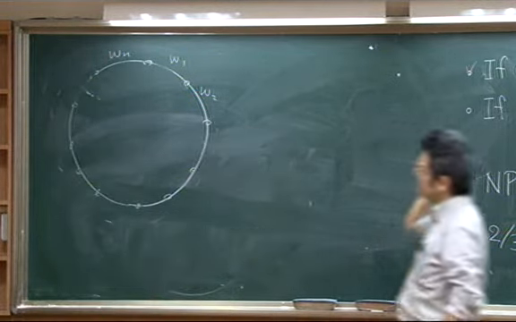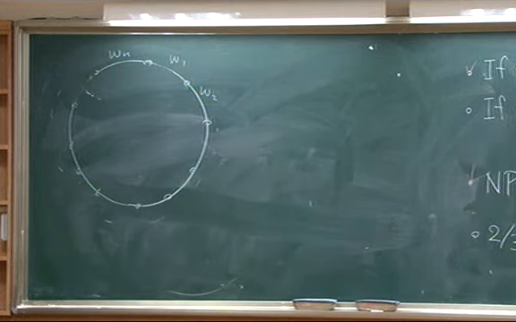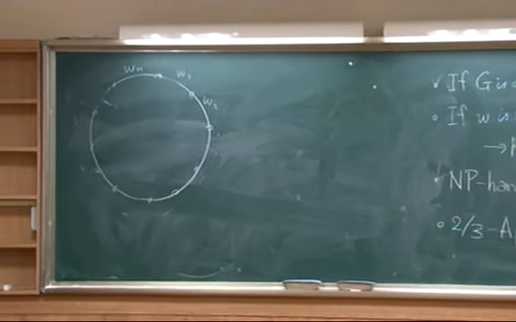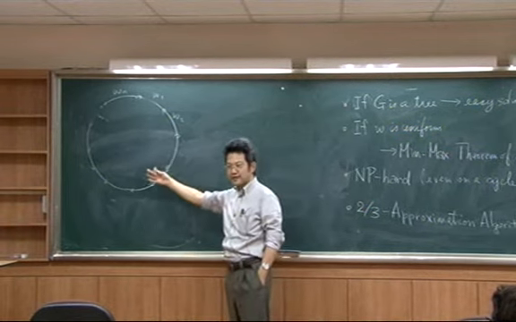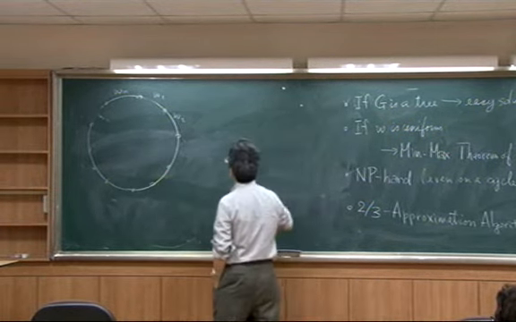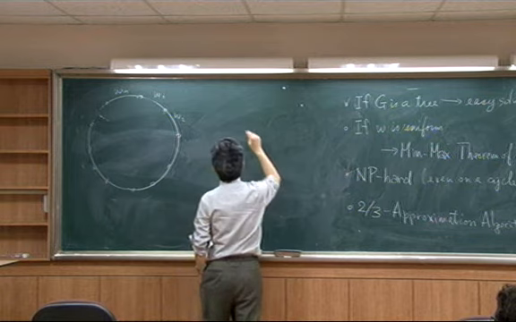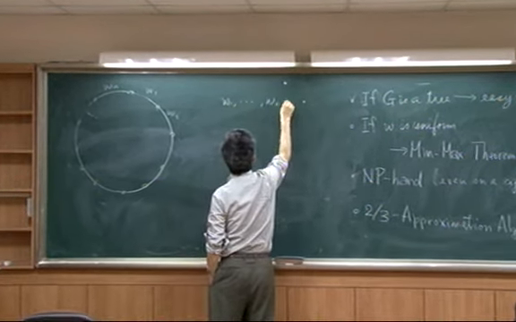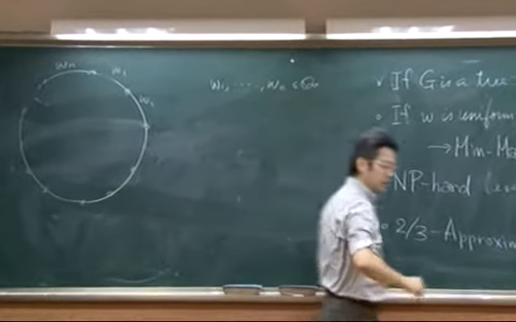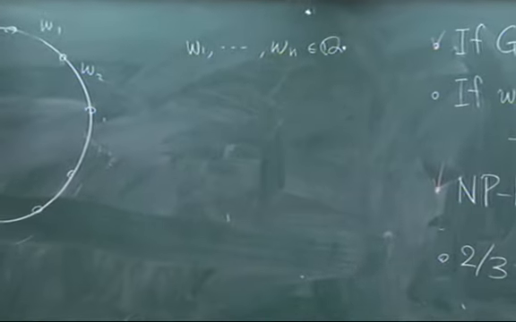Now I want to find a T so that the minimum weight T-join in this cycle is maximized. Now suppose we can solve this problem. Then we can solve this other problem: suppose we are given W1 to Wn, rational numbers.